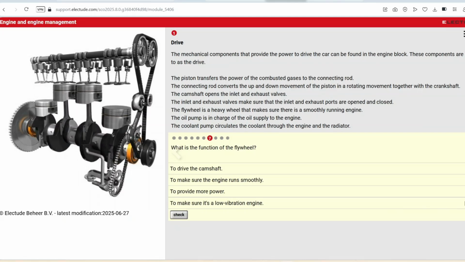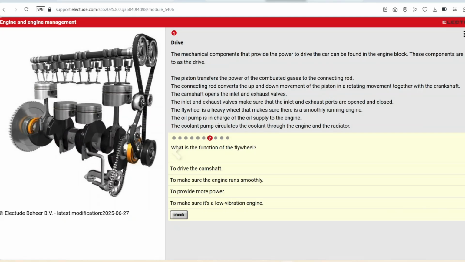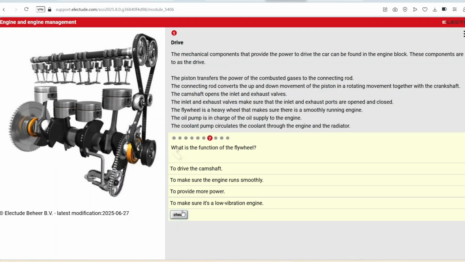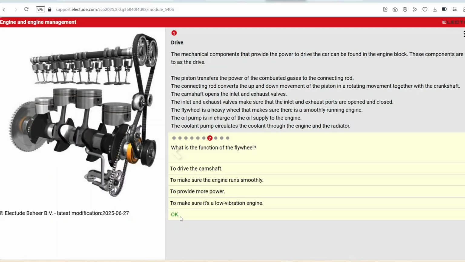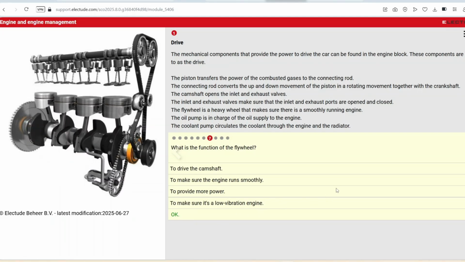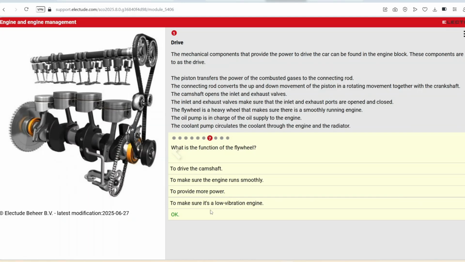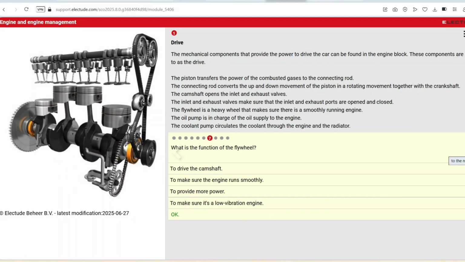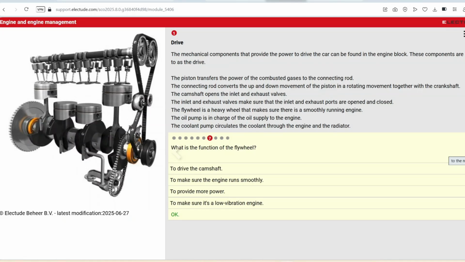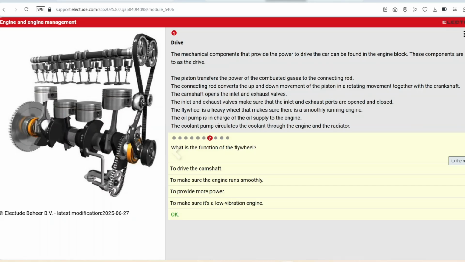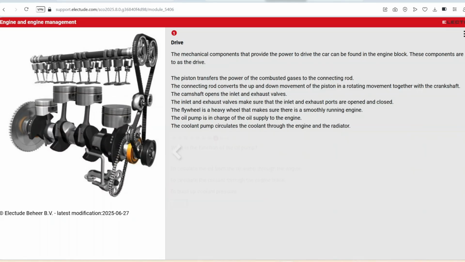Make sure it's the low vibration engine. I thought that was true. I'm going to opt for false. Oh, yeah. So now I've learned something new. As I go along, as I make wrong answers, I'm also learning. So let's go to the next question.